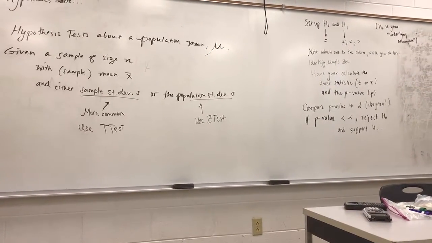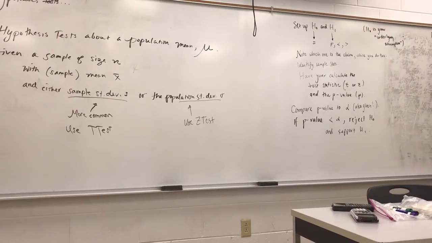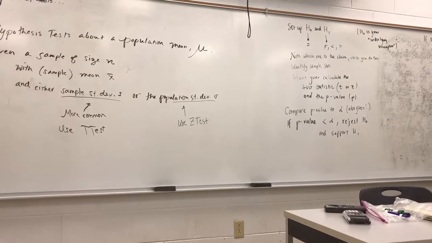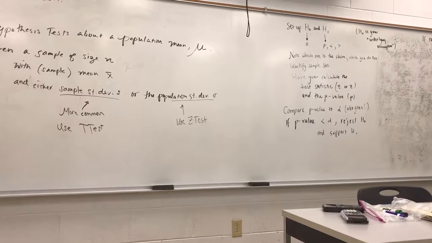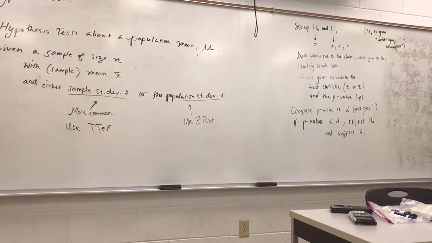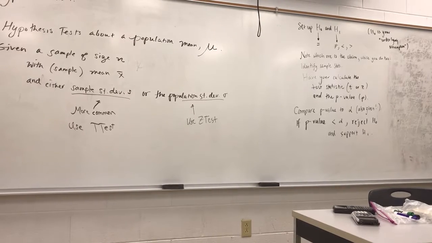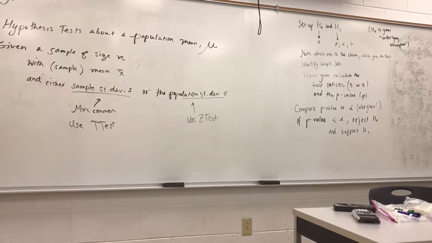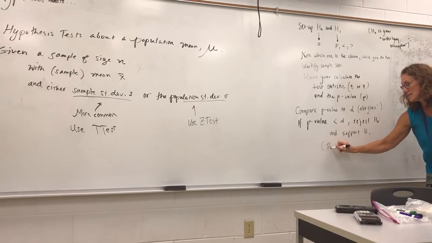It's kind of inconclusive. And so you also fail to support the alternate. That's again when there's not enough evidence, or not sufficient evidence. When the p-value is less than alpha, there is enough evidence.